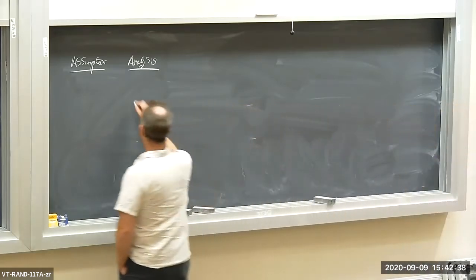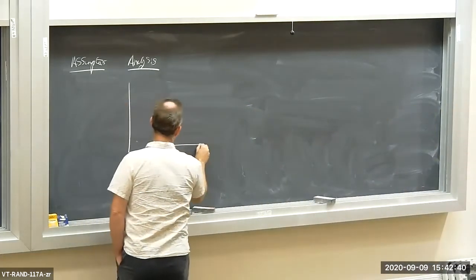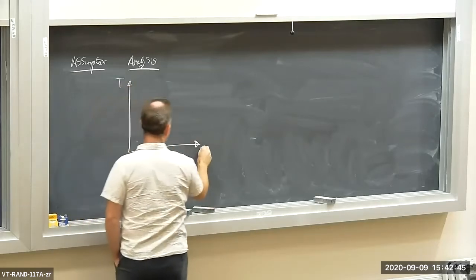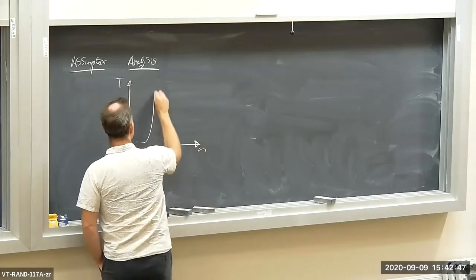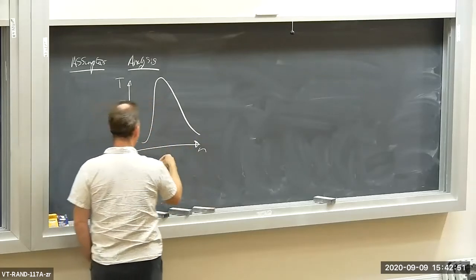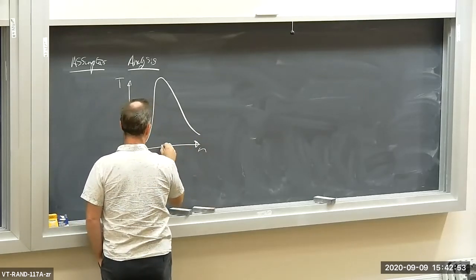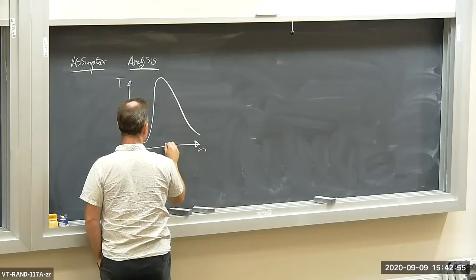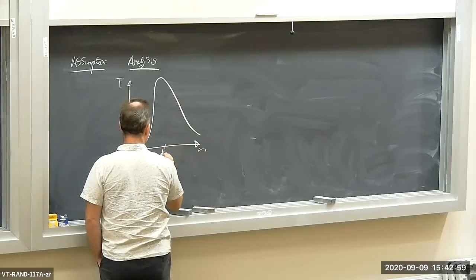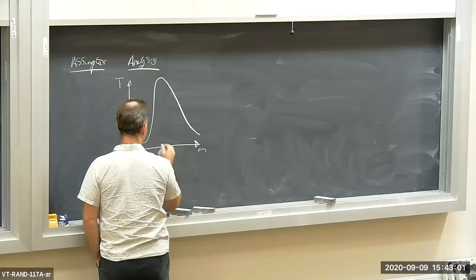If you like, let me put up a TV diagram showing what's going on as well, so we have an idea what's going on. So here's our saturation dome. So we start off with a quality.